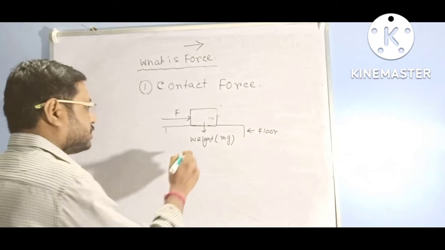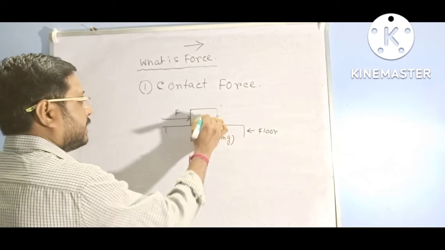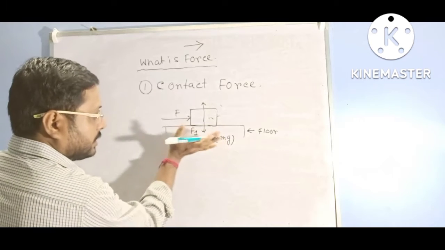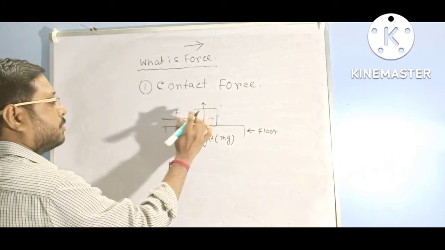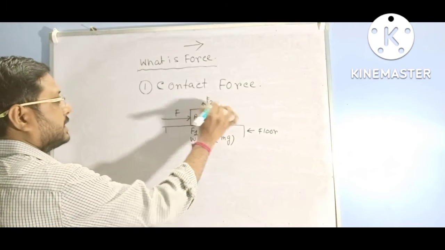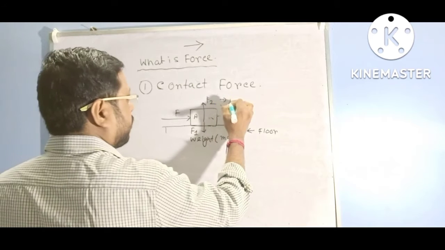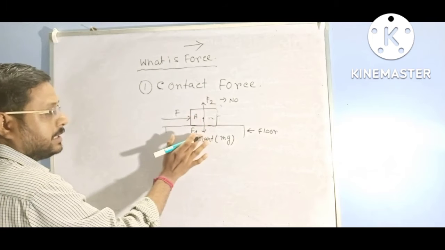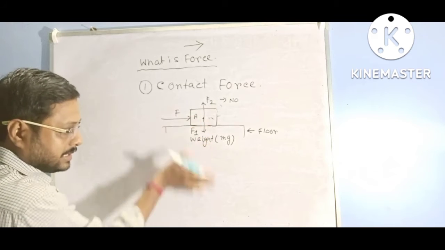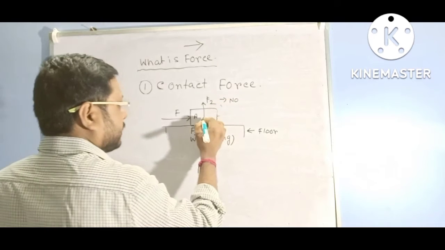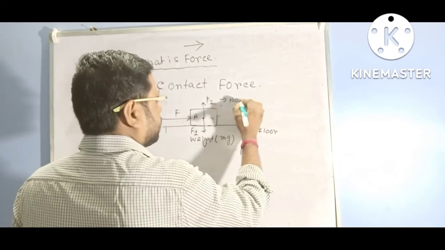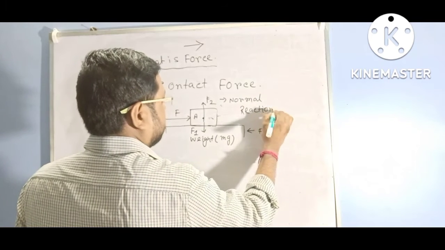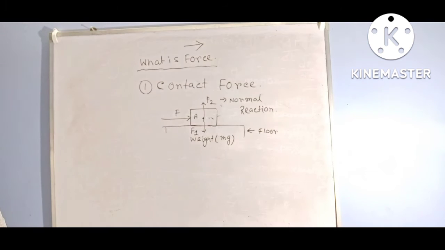So the floor also gives an equal force to the body A in the opposite direction. This force is called normal reaction. The weight's direction is downward and the normal reaction direction is upward. This is also a contact force.